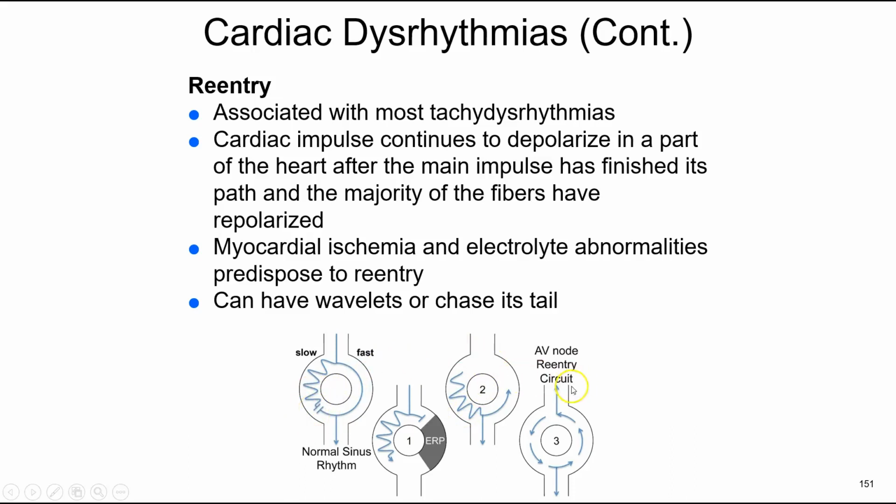What you're going to end up with is an action potential that continues around the fast and slow pathways in a circle eternally. It's just going to keep going, and every time it meets this fork in the road, it's going to split, and it's going to keep sending action potentials forward through the conducting pathways of the heart.